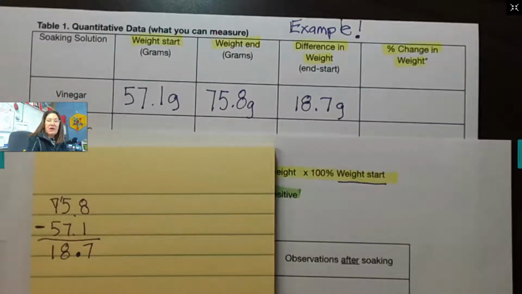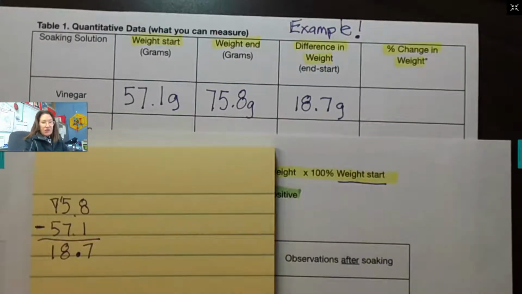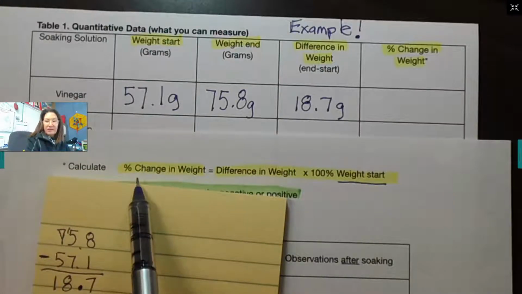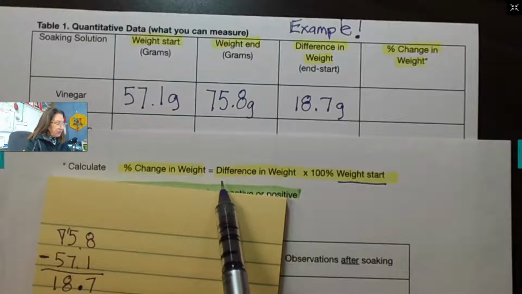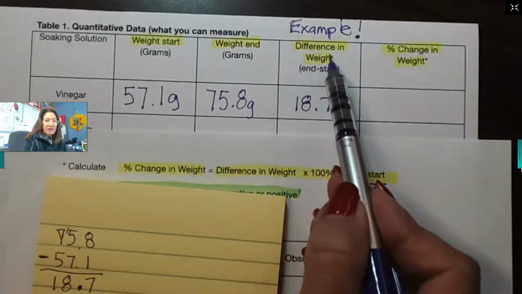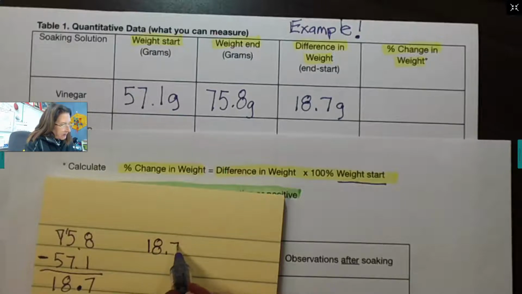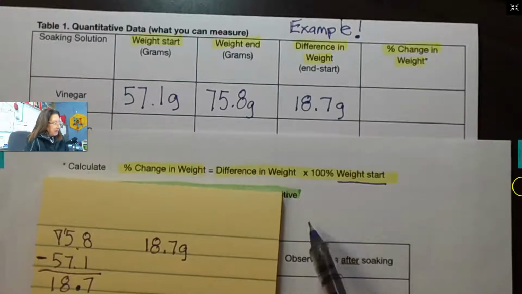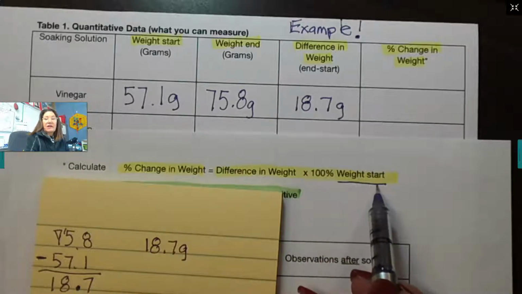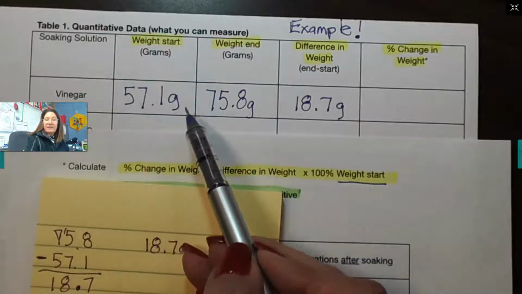Okay, so now I need to find out the percentage of change in the weight. So what it says down here is to calculate the change in weight will equal the difference in weight, right? So this here is my difference in weight. So I'm going to put up here 18.7 grams and times my 100% of my start weight. So this here is my start weight, right?